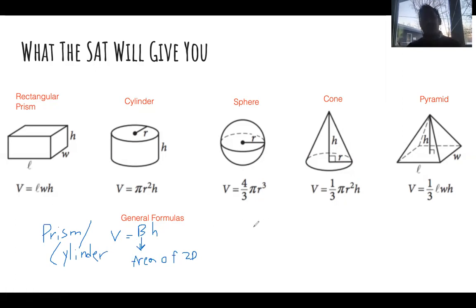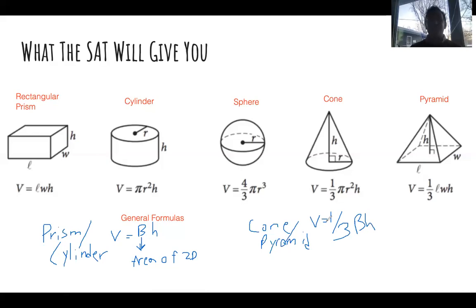Now, for the cone and pyramid, you do almost the same thing, but you're going to write it as 1/3 capital B times H. One thing you want to make sure of is that capital B is not the same thing as just the side that's the base.